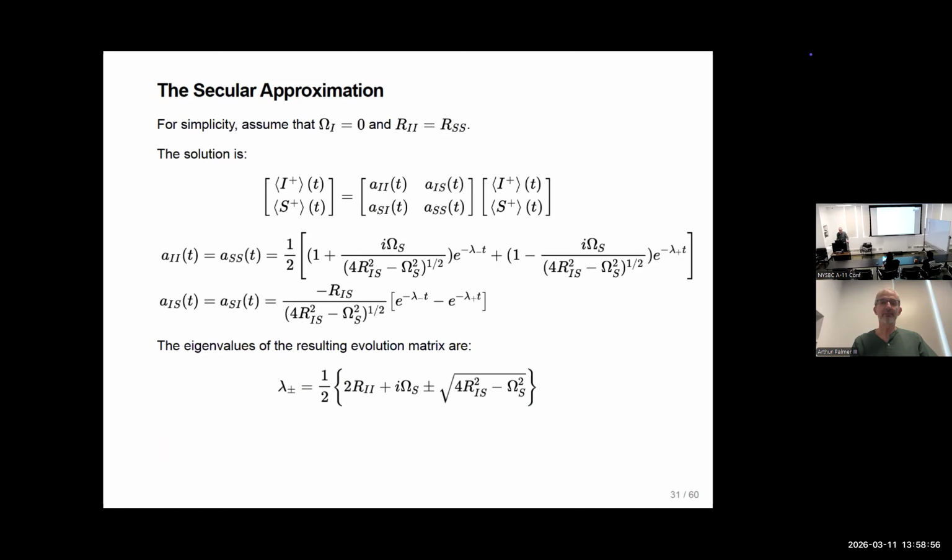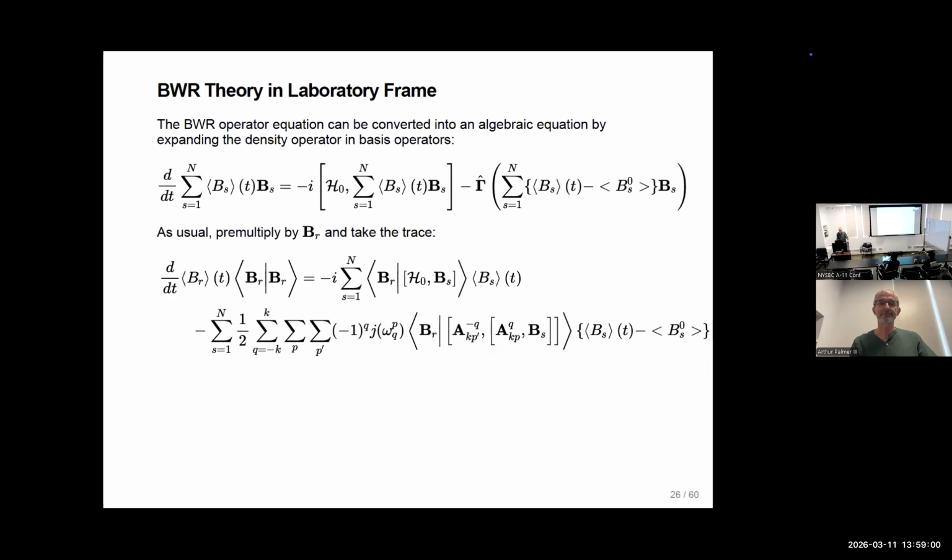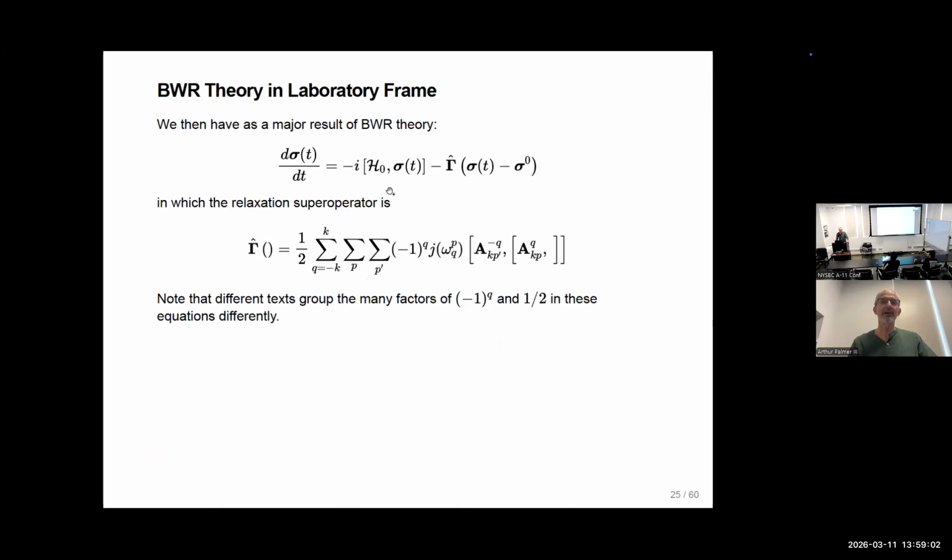Where did this come from? If we look back at our equation, the superoperator predicted cross relaxation, but it was quenched by the normal evolution of the chemical shifts due to H naught.